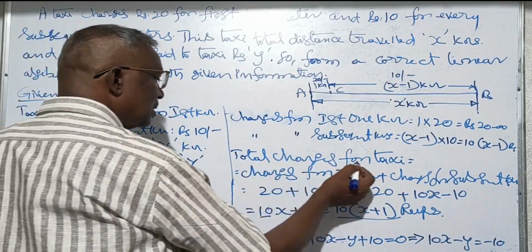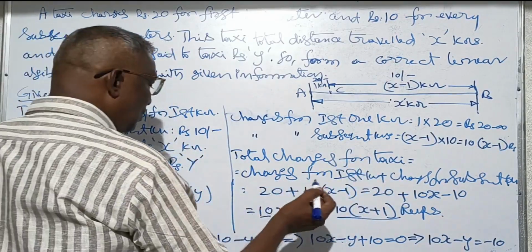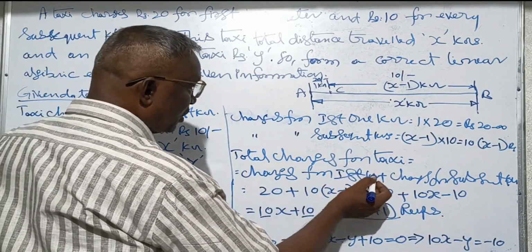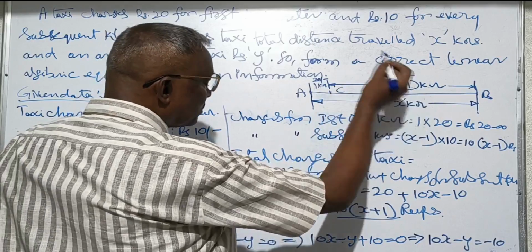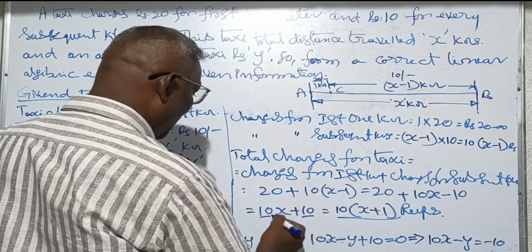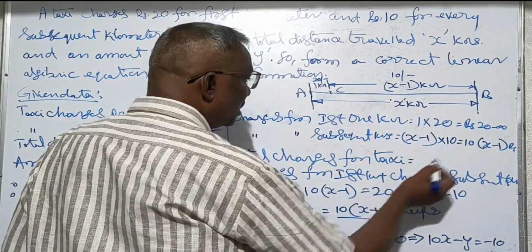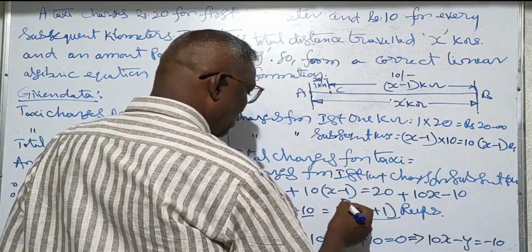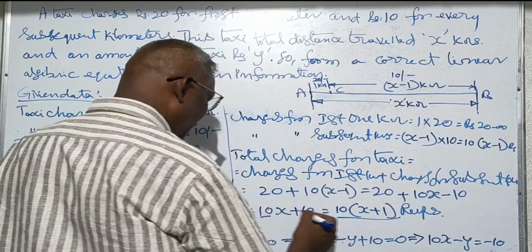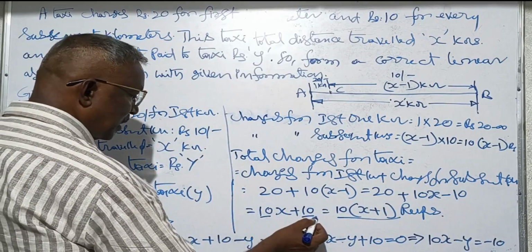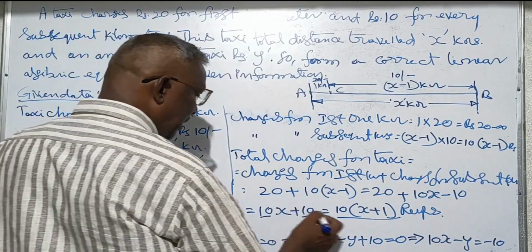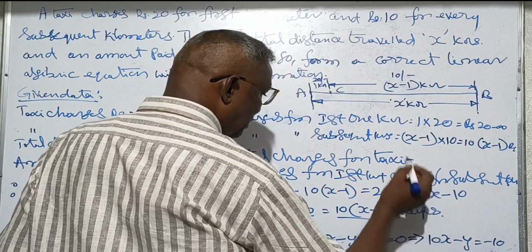The total charges for the taxi is the charges for the first kilometer plus the charges for subsequent kilometers. That is 20 plus 10 into x minus 1. After simplification, 10x plus 10. So 10 common, 10 into x plus 1 rupees.